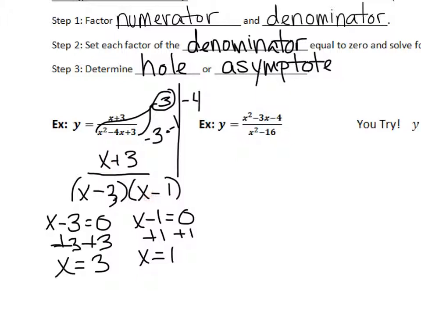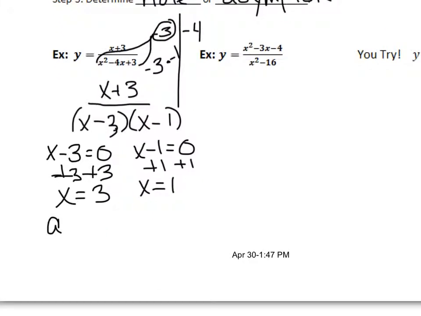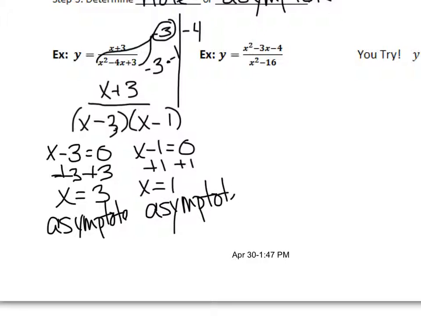These aren't the same, so nothing cancels. And when it doesn't cancel, then we have asymptotes. So at x equals 3 and x equals 1, that's where our asymptotes would be.